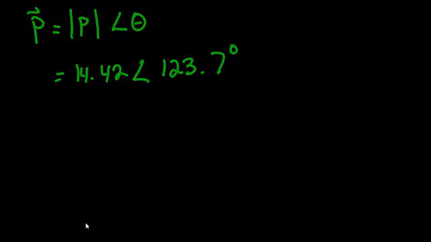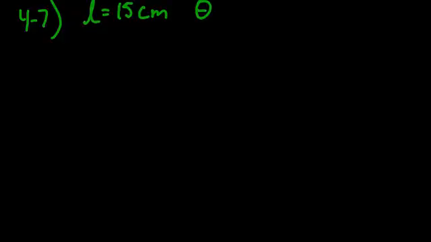Okay, 4-7 is very similar to 4-6. The only difference is the orientation of the angle, the length. So 4-7. This is another one-link robot problem where the length is 15 centimeters and the angle is equal to negative 120 degrees.